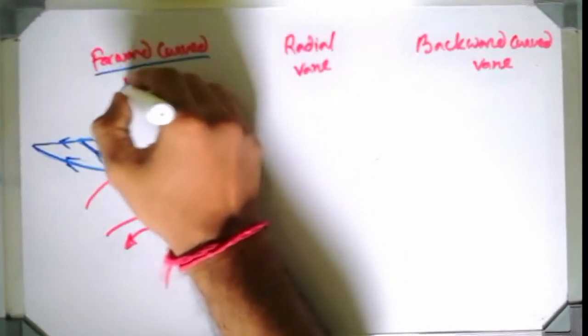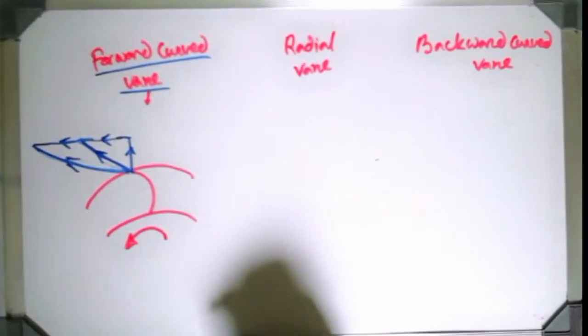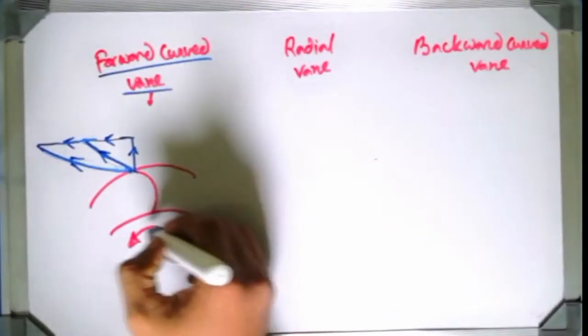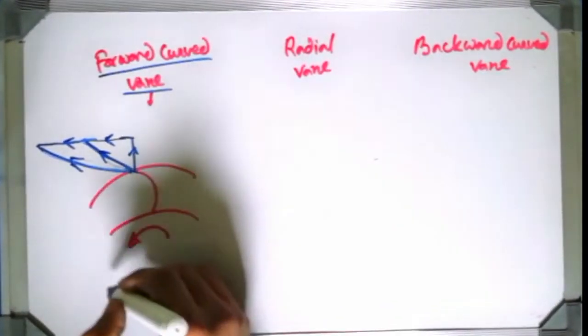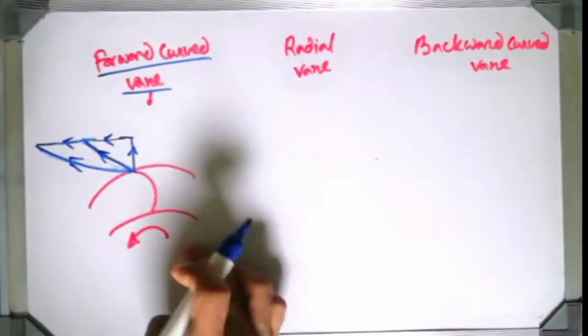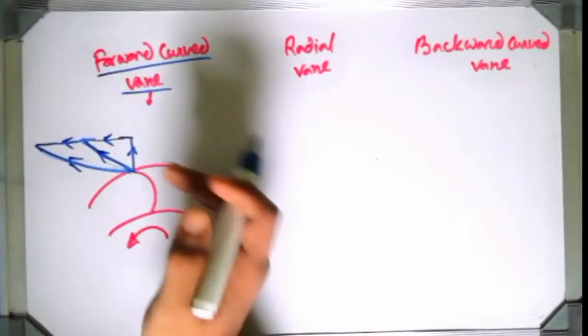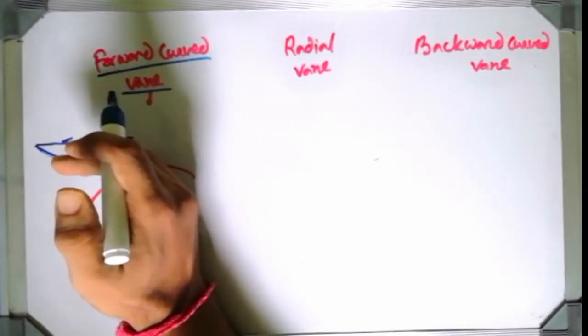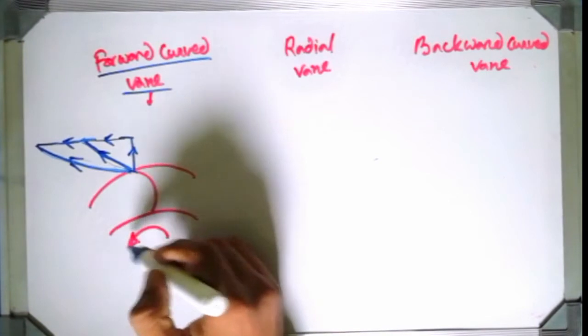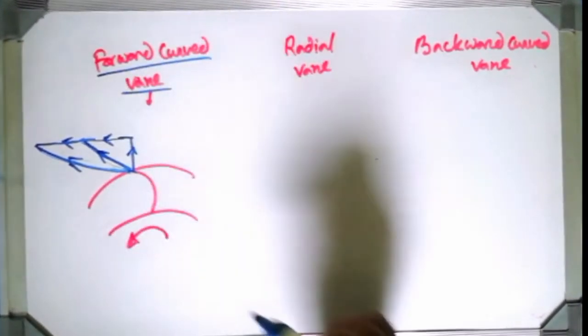Why should I say this is a forward curved vane? Because you can see the blade curvature is in the same direction as the motion, isn't it? The blade is curved like this and it is rotating in the same direction. So if the blade curvature is in the direction of motion, then it is known as a forward curved vane.